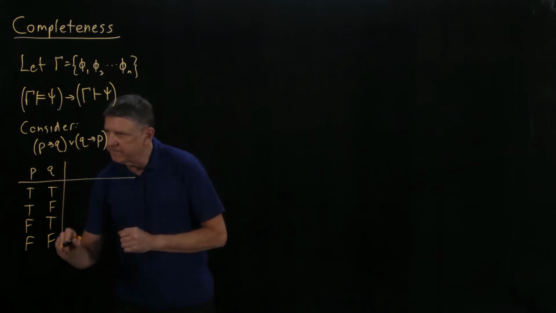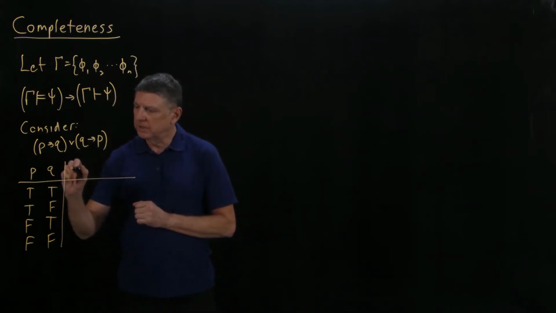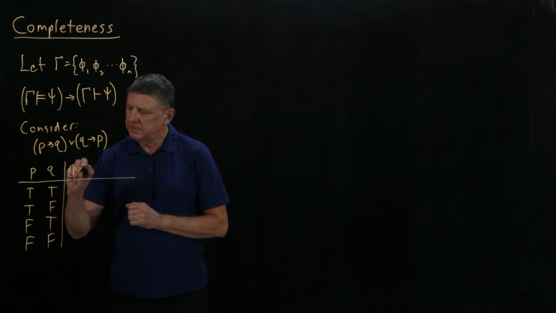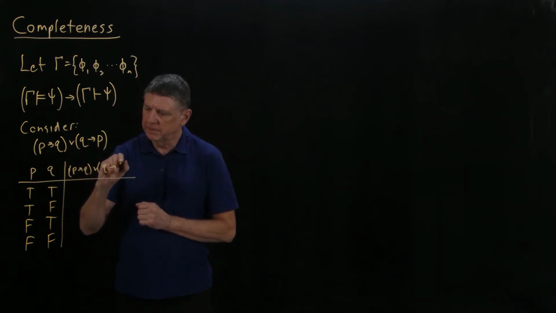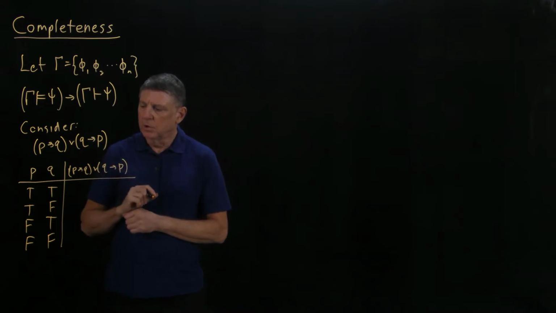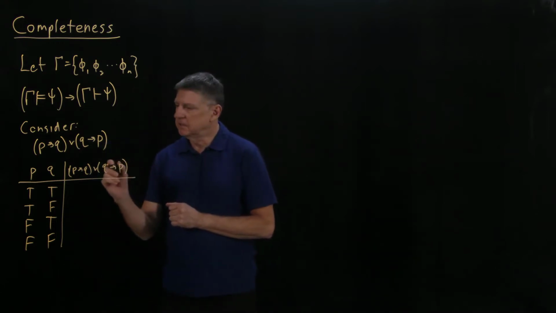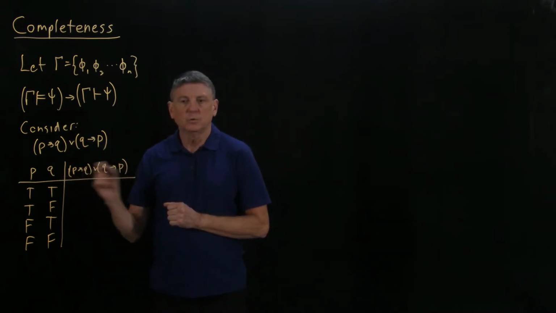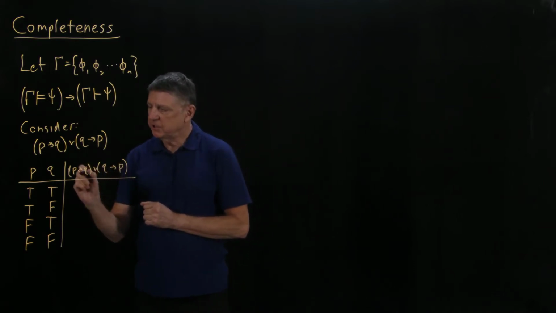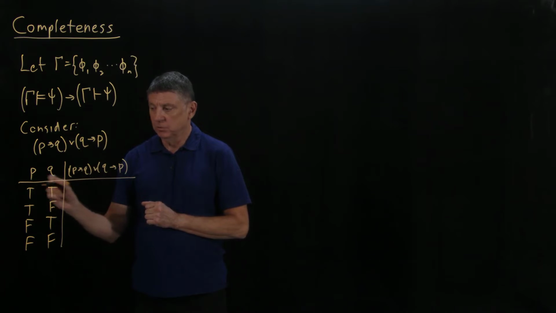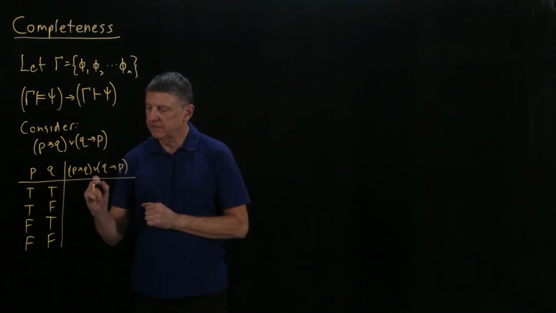And what we found was that for our formula, P implies Q or Q implies P, we can fairly immediately get our result. P implies Q is true when they're both true, so that must evaluate to true.